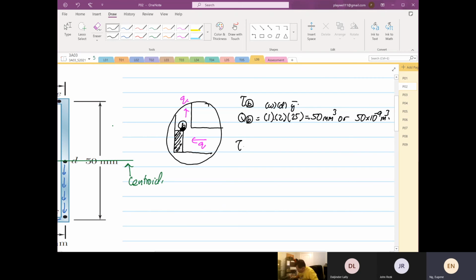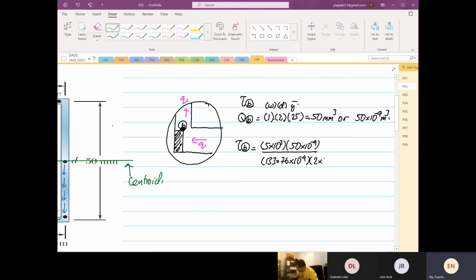So the shear stress at point B, V is 5 times 10 to the power 3, Q is 50 times 10 to the power minus 9, and then we have our I, which is 133.76 times 10 to the power minus 9.